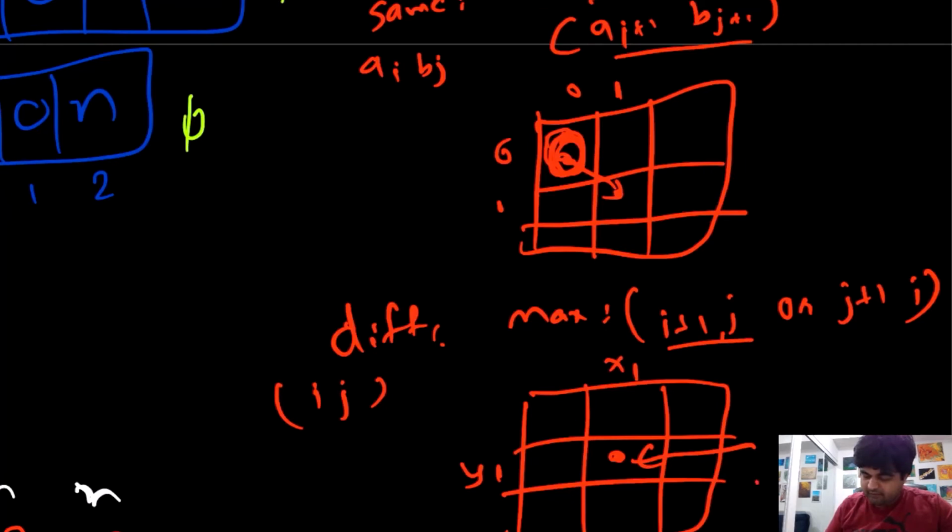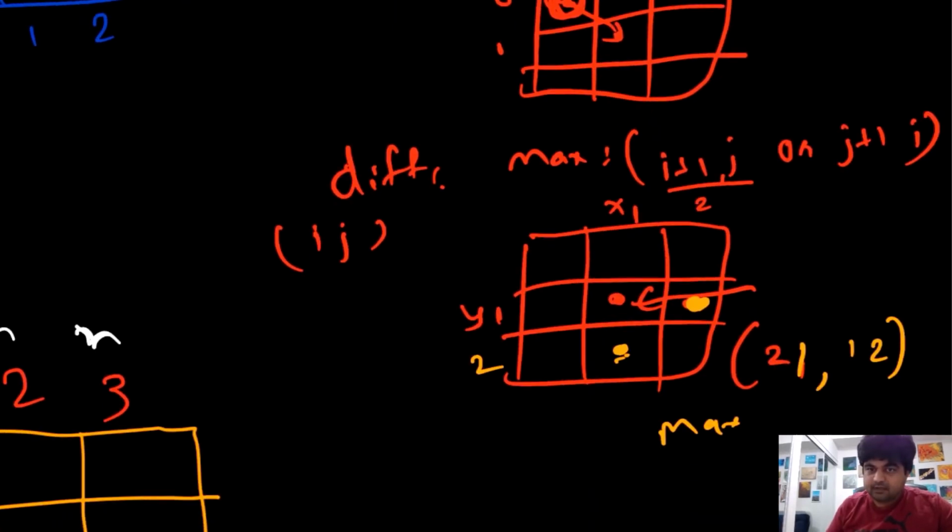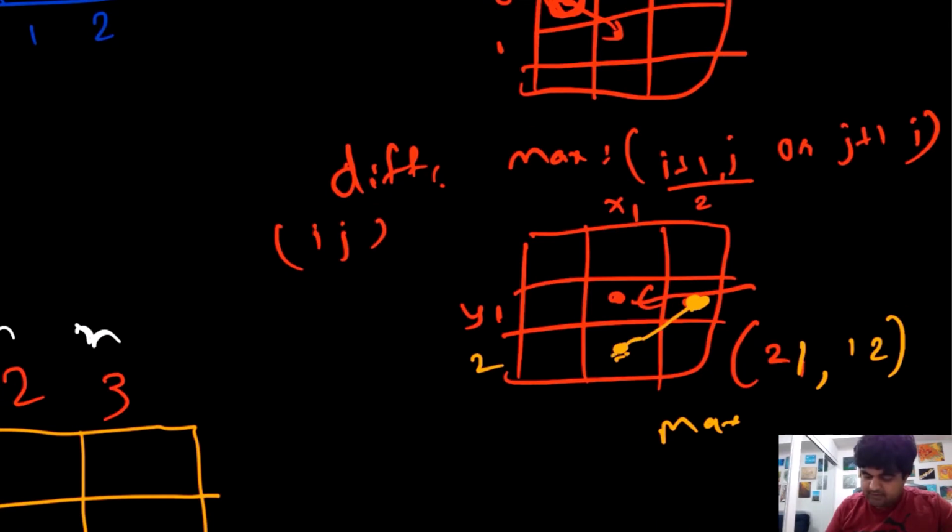We could have the value at position 2 1, so whatever value we have over here, and the second possibility is position 1 2, which would be over here. We need to find the maximum value amongst these two in order to calculate what the value for this position should be.